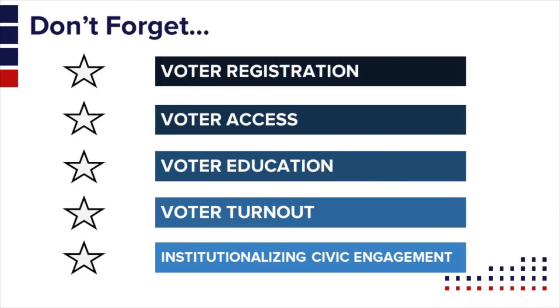We do want to make sure to call out that every strategy included in an action plan should include a few different things, as I just mentioned some of them. So you want to make sure that you're thinking about voter registration, making sure that you're thinking about voter access. How are you ensuring that students have access to the polls? Voter education as well, voter turnout, and again, institutionalizing these efforts.